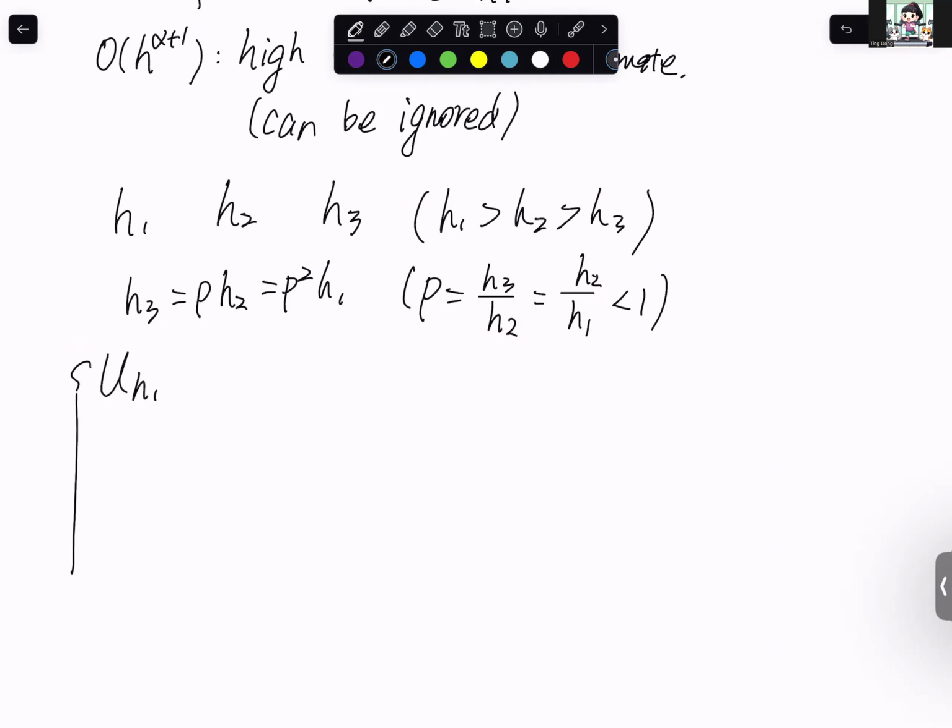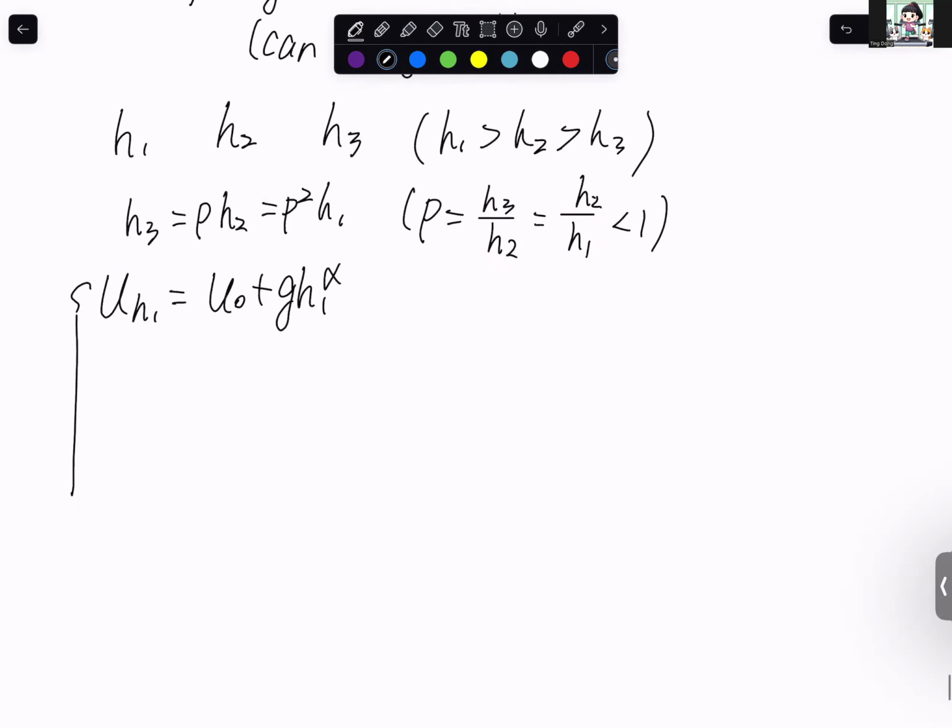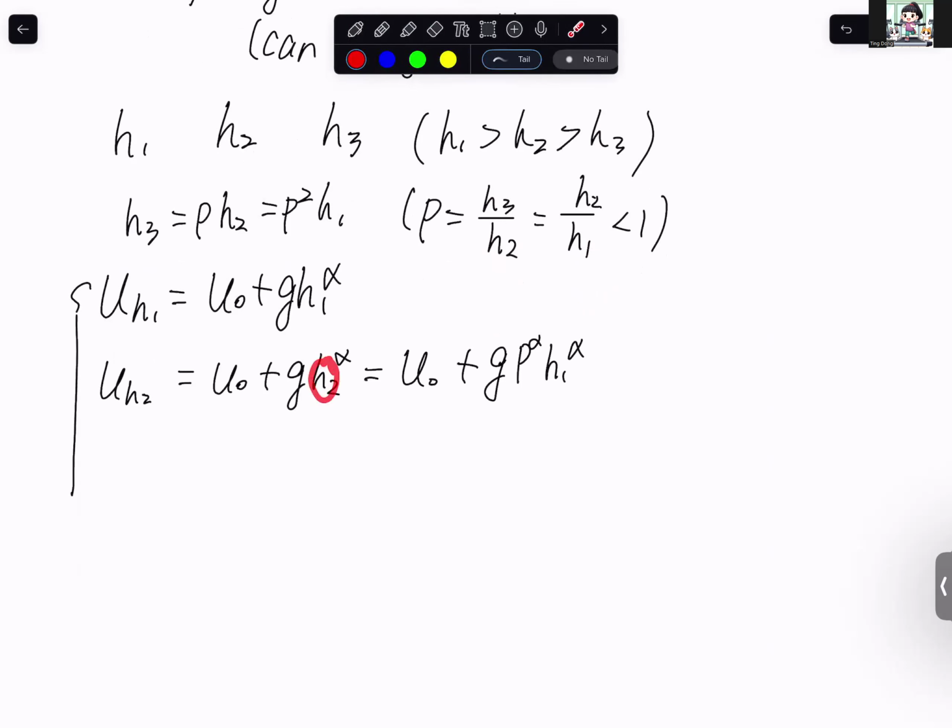For UH1, UH2, we have H2 to the power of alpha, and since we have the ratio P defined, H2 equals H1 times P, so I write it as P H1 to the power of alpha.